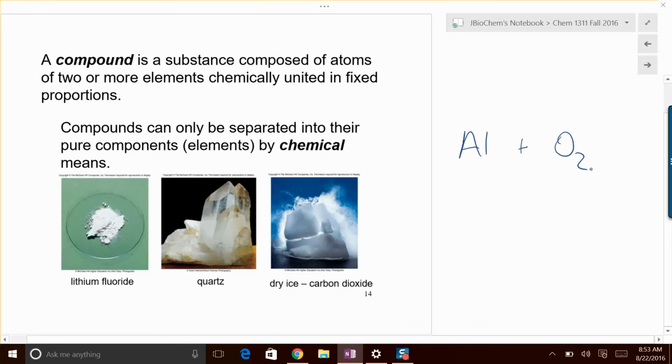They have to come together in an exact way. And we'll talk about how we know how they come together in that ratio later, but that would be the ratio that they would come together in. It wouldn't be Al1O2 or anything like that. This is how they come together. We need 2 Als, 3 Os. Okay? That would be how they would bond with one another in exact proportions.